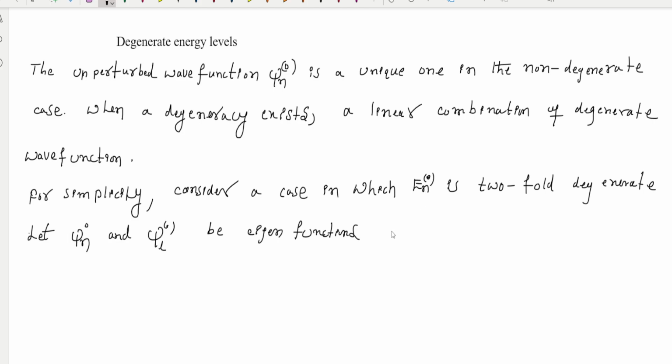And their corresponding eigenvalues we already discussed.